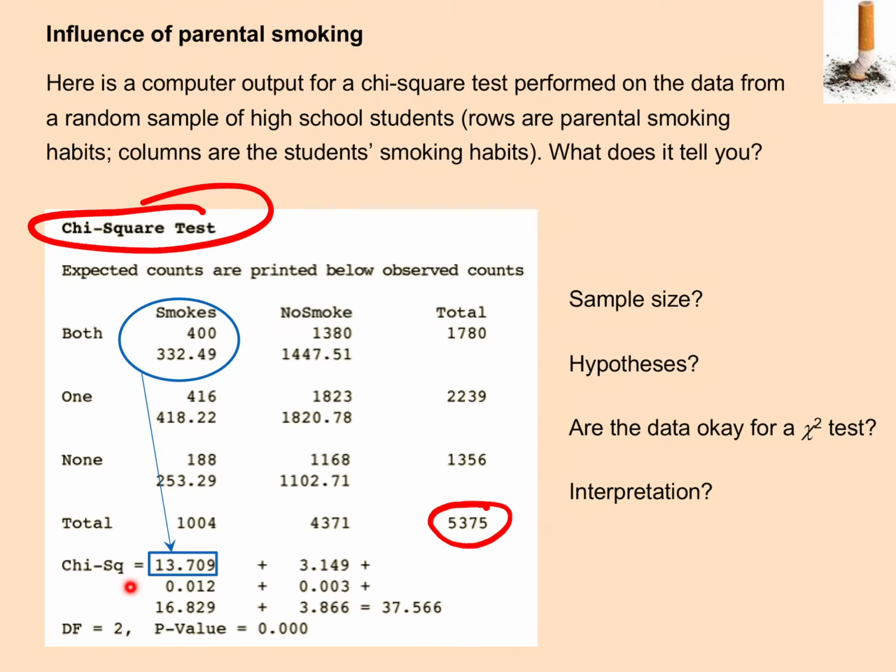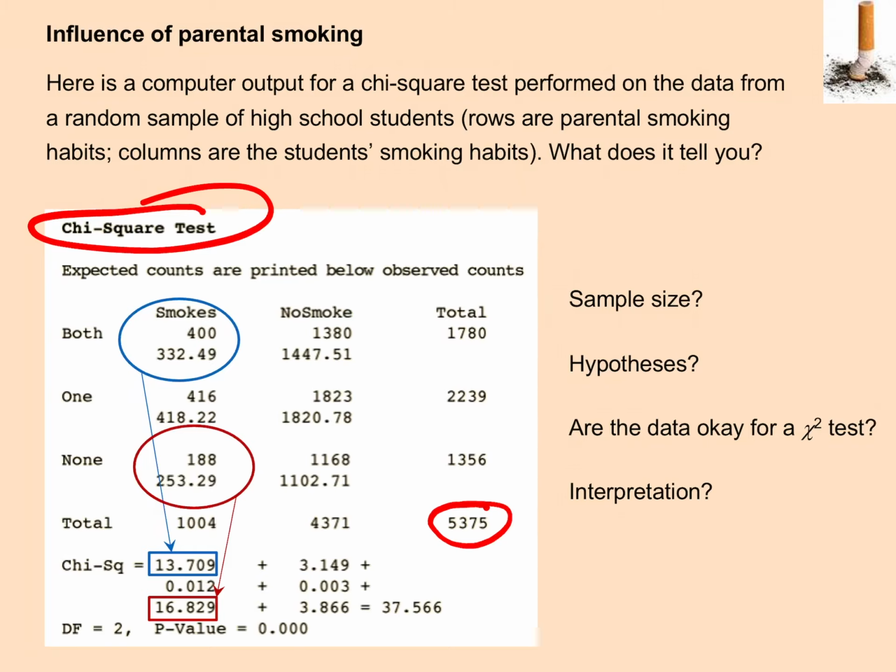So look at the bottom. Here we have our chi-square summary. 13.709 is the calculation for student smoking and having both parents that smoke. Look at the next one, or the largest one actually, 16.829. That is for student smokes, but neither parent smokes.